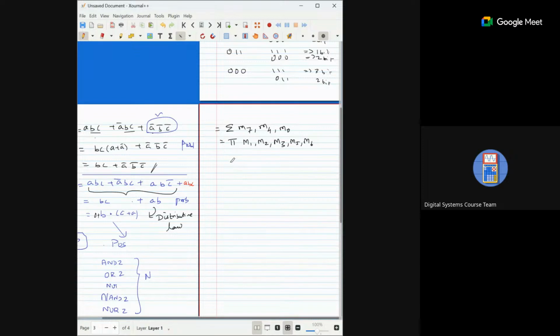Capital M0 is equal to m0 the whole bar. Capital M1 is equal to small m1 the whole bar. Likewise, capital Mi is equal to mi the whole bar. Is it fine? Okay, got it.